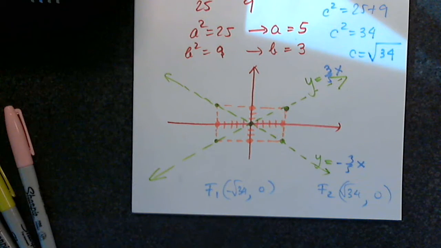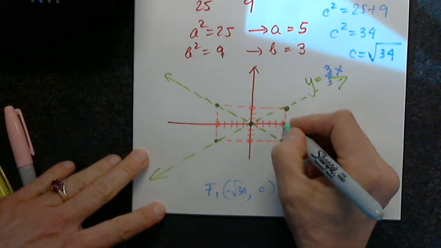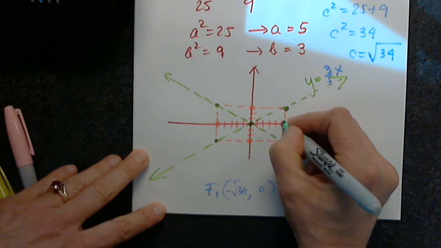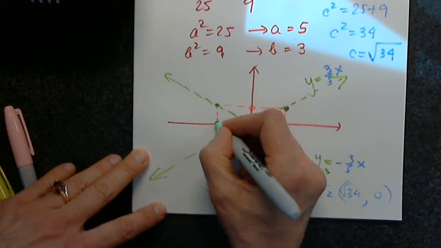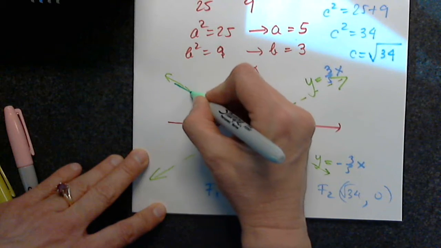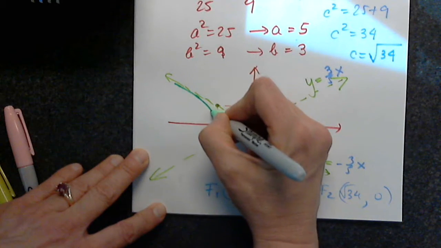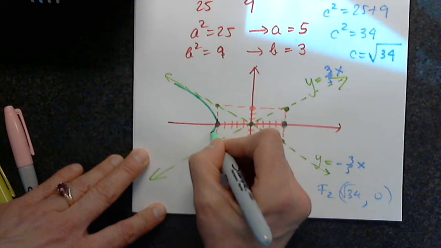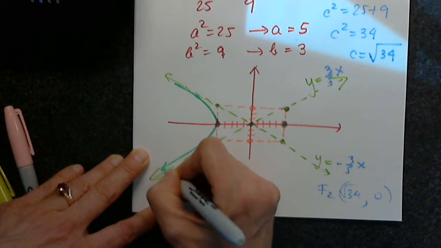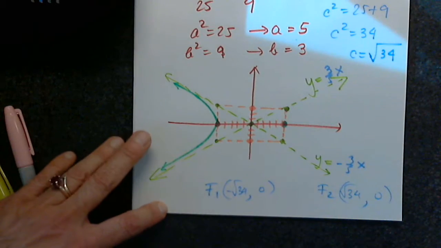Okay, ready? Now we're ready to graph the hyperbola. It has to go through this point, and it has to come asymptotically towards its asymptotes, approaching the asymptotes, getting closer and closer.